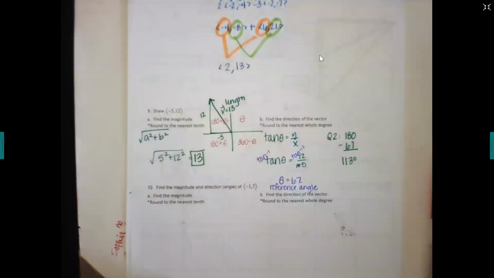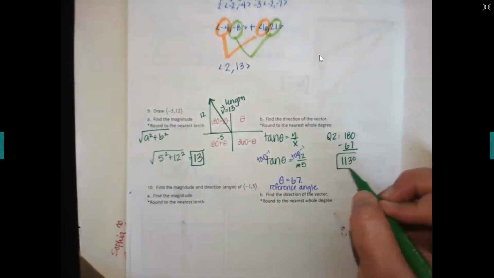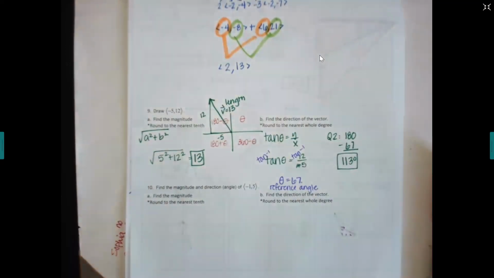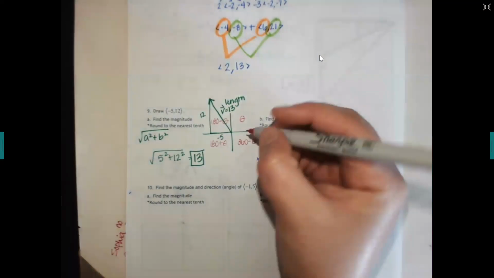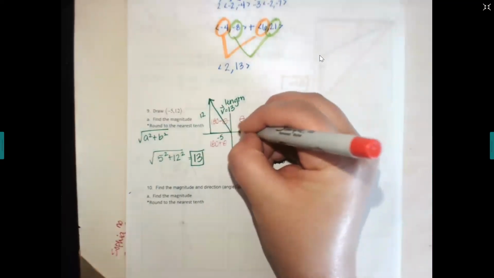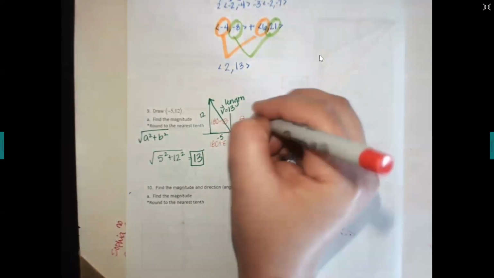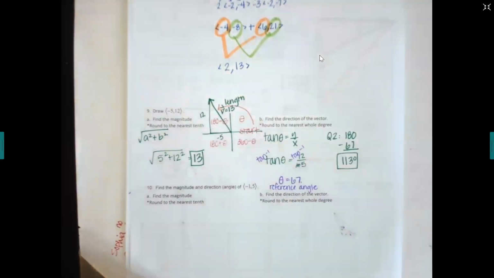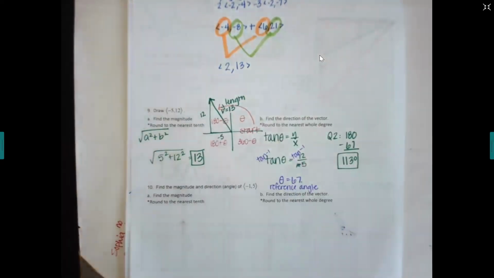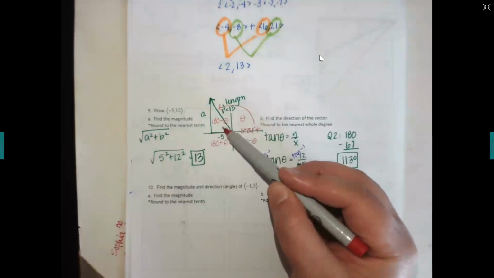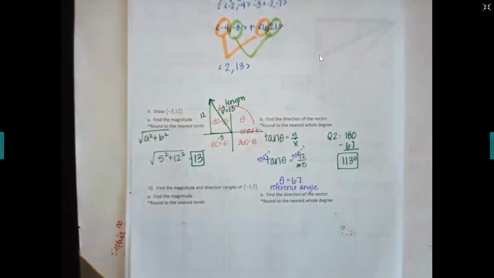Okay, and remember the reason for that, in case you care, is that direction is always measured starting here and then rotating this way. So this side is 67, but the long way, that's the 113.